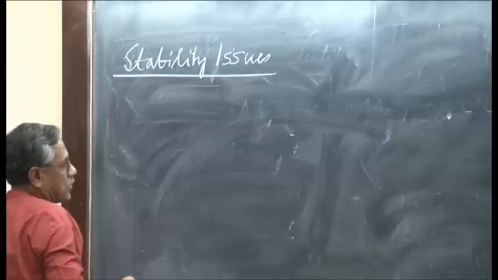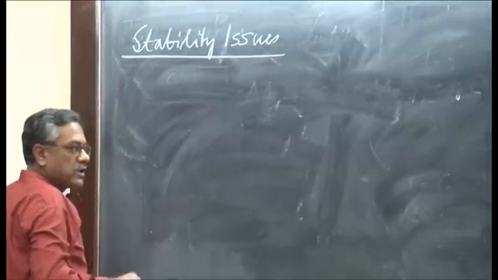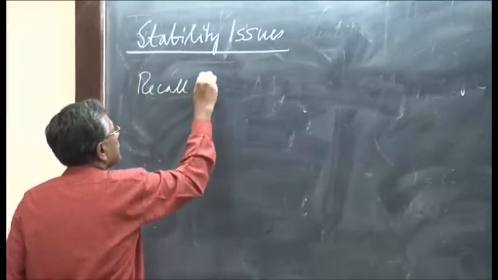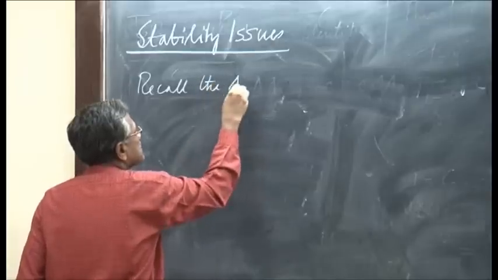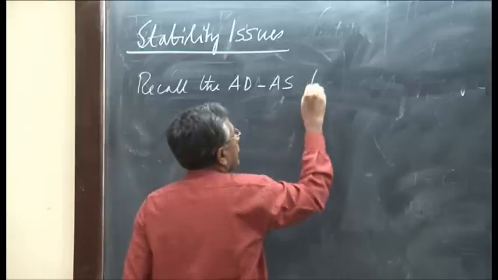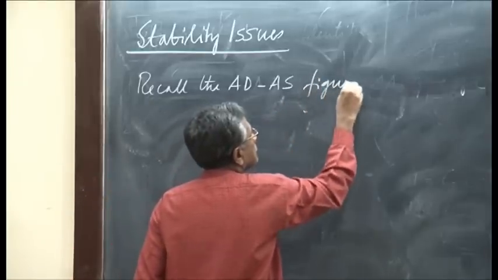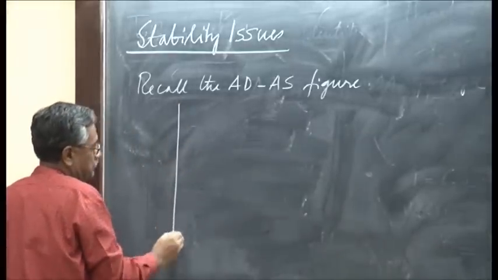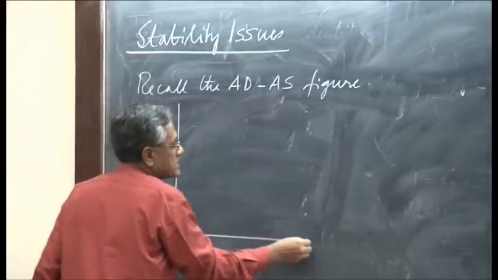Stability issues. All right. Now recall the aggregate demand, aggregate supply diagram. What you had is the following.